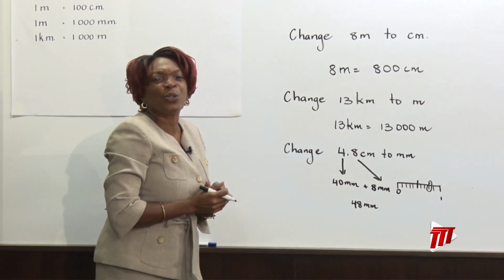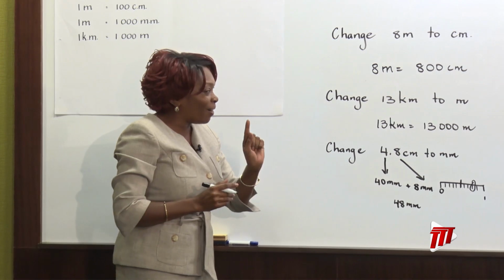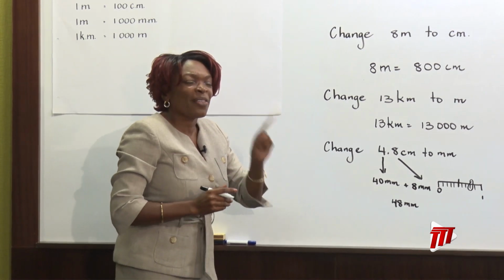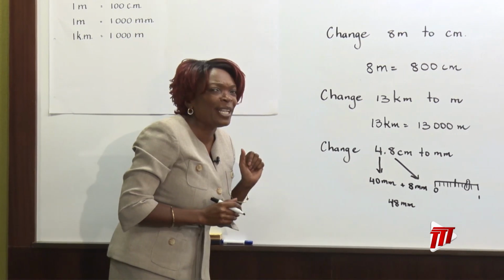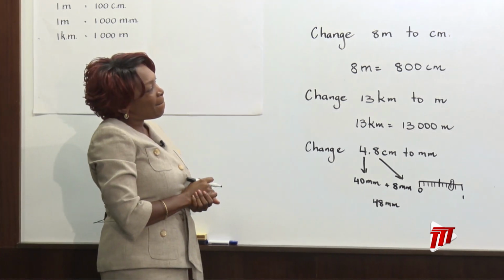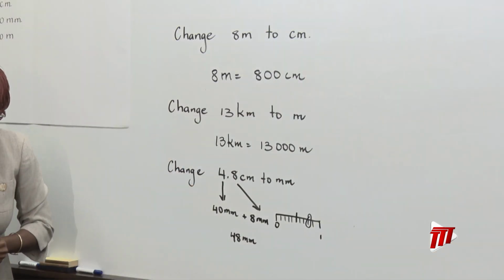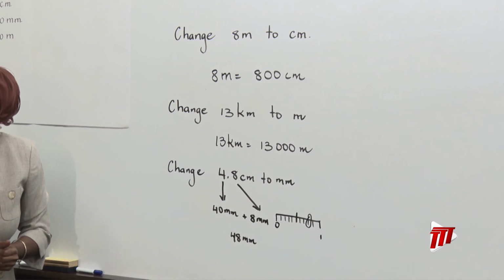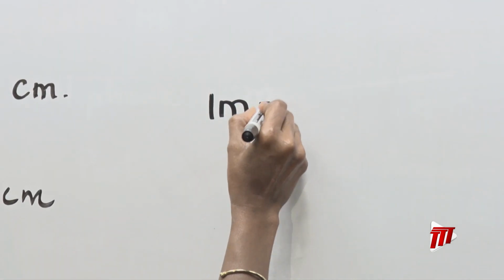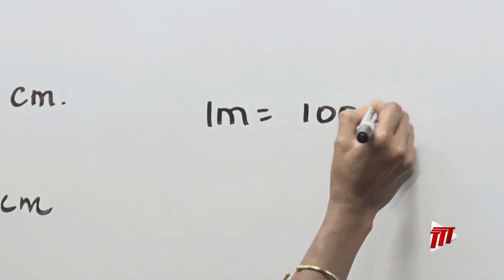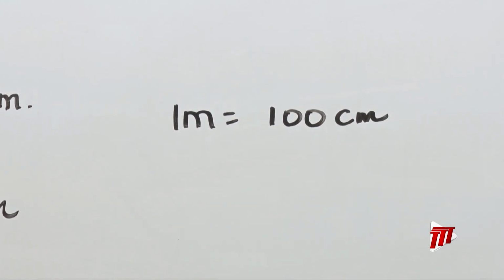What can we do? Remember, you cannot use the conversion table. Look carefully now. I'm hearing the answer. 1 meter is equal to 100 centimeters. We know that is a fact. 8 meters.